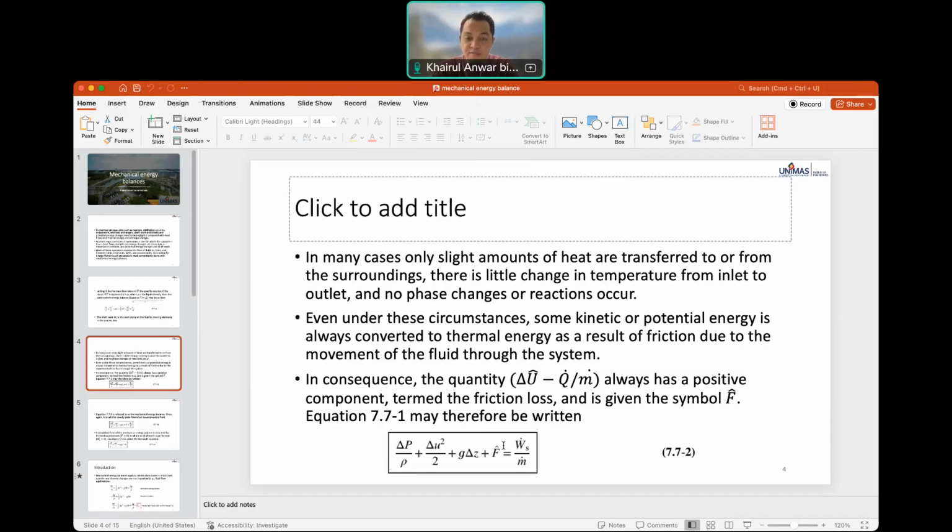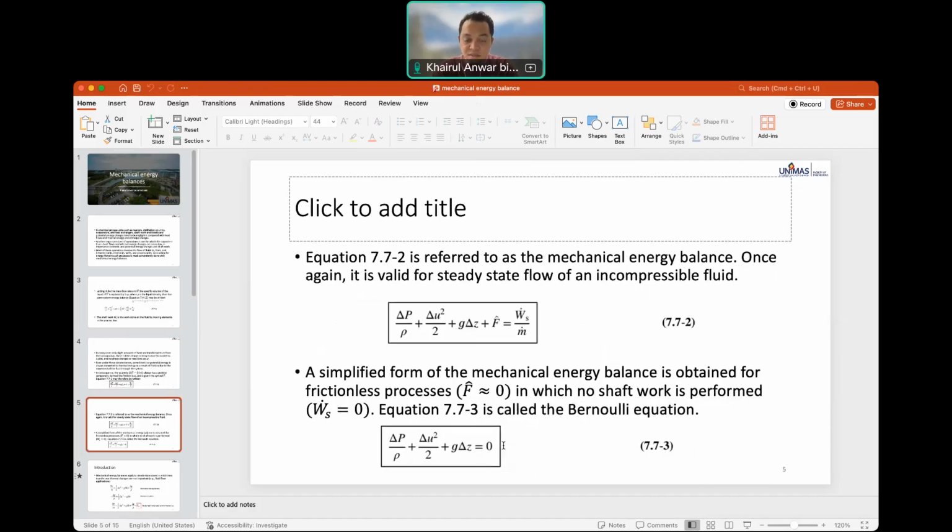So 7.7-2 is referred to as the mechanical energy balance. Once again, it is valid for steady state flow of an incompressible fluid. A simplified form of the mechanical energy balance is obtained for a frictionless process, F approximately 0, in which no shaft work is performed, Ws equal to 0.